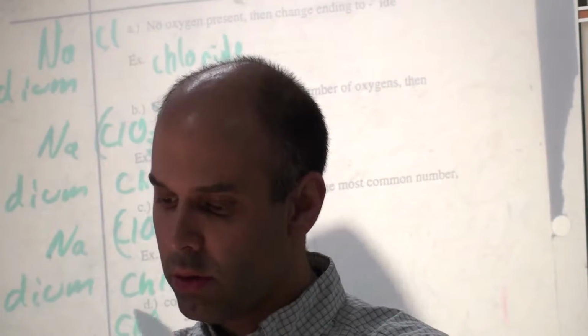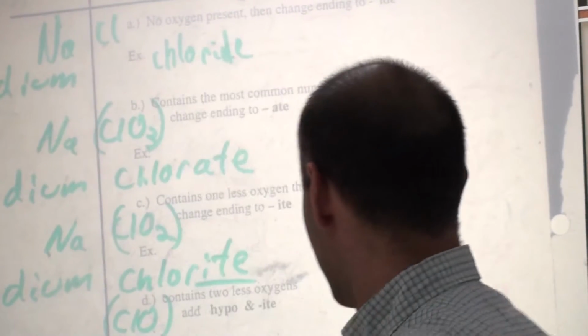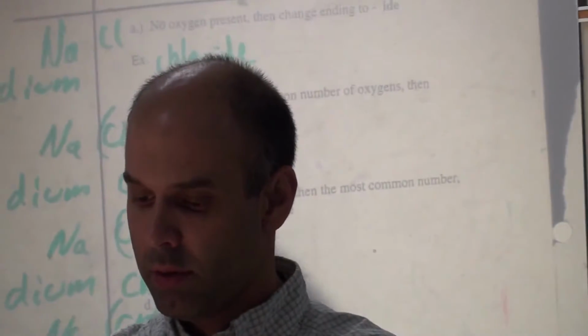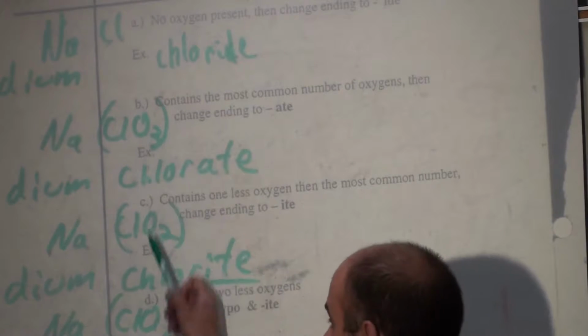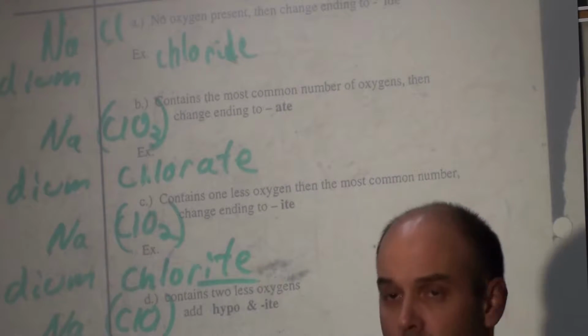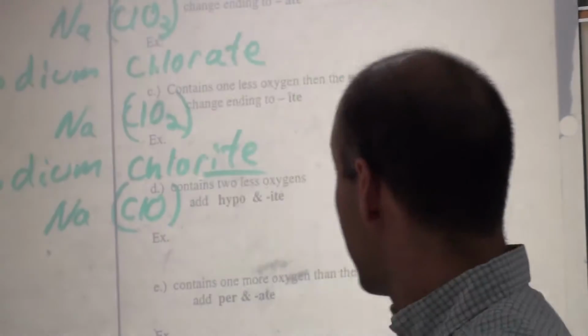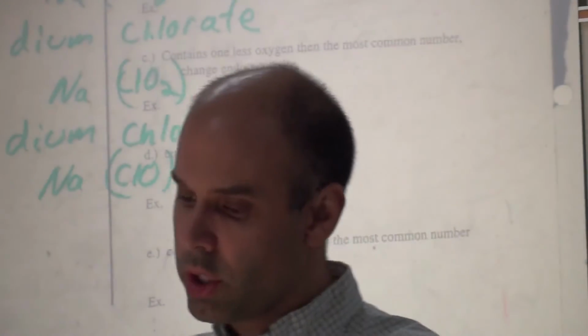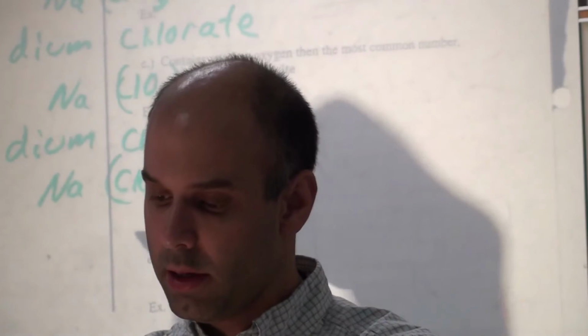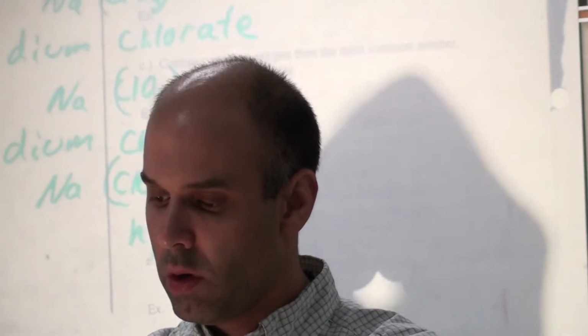What if you have 2 less oxygens, ClO? Again, the chlorine wants 3 oxygens, but in this case it only has 1. It has 2 less than what it wants. If it has 2 less than what it wants, then you would change the ending to hypo-ite, and it becomes hypochlorite.